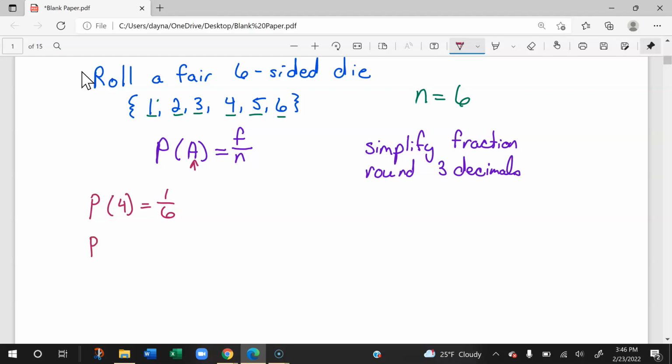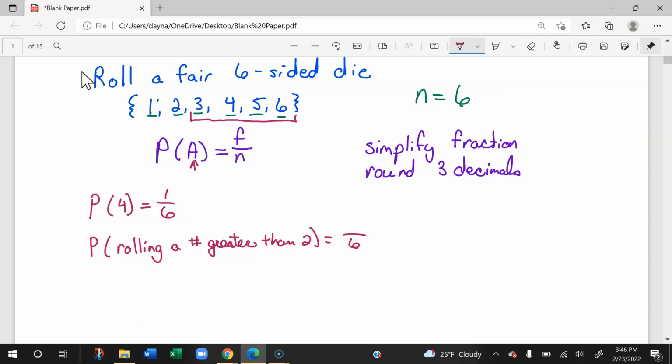Now, if I say the probability of rolling a number greater than 2. Well, I know again my denominator is going to be 6, and I look up here and I want to pay attention to any number greater than 2. Well, that would be all of these numbers.